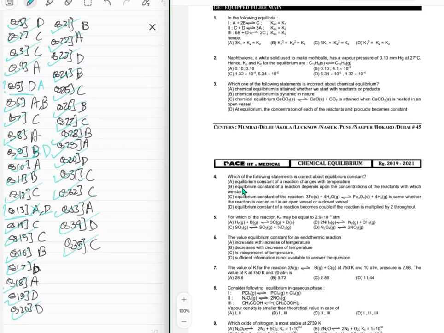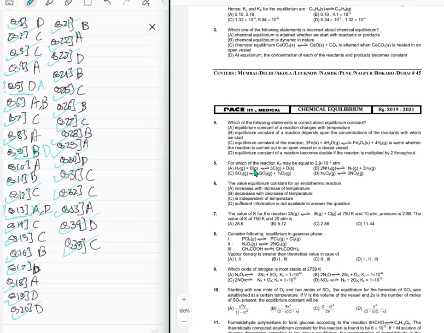So equilibrium constant of a reaction changes with temperature. So which of the following statements is correct about equilibrium constant? So A is also correct and D is also correct. Wait, what? No, that's question number 4, sorry. Question number 5 is this thing.